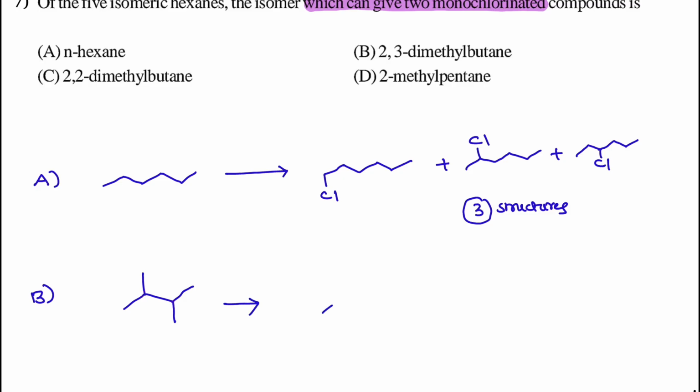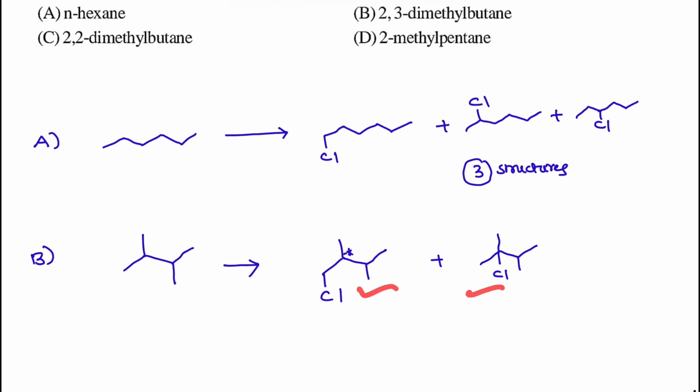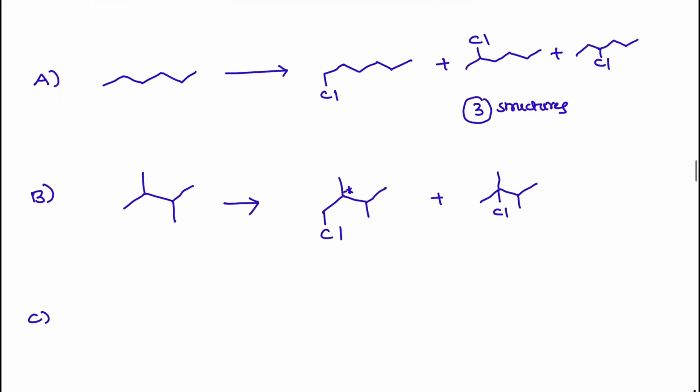When it is subjected to chlorination, here this is chlorine, one structure, and here this is chlorine, 2 structures we are getting. But most importantly, there is one chiral center, but the question didn't mention only structures. Therefore, we have to check the remaining options also, because if we incorporate stereoisomers, we are getting 3 because there is one chiral center. So let us verify the remaining options also.